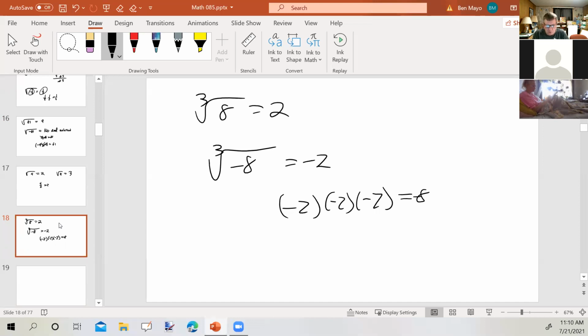It's the even roots that have the restrictions. One more time. You can't take an even root of a negative number and get a real answer. And when you take an even root of a non-negative number, you can't get a negative answer, okay? All right, enough about being negative.